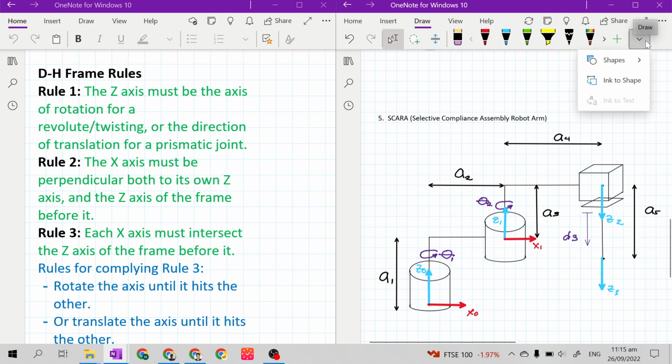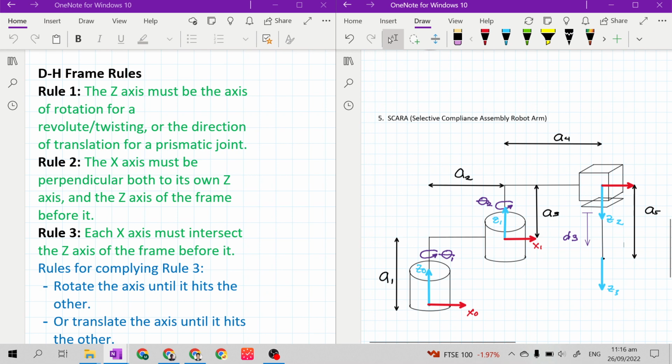So z sub 1 is pointing upward while z sub 2 is pointing downward. So our choices again are left or right, front or back. So again, I will choose to the right.